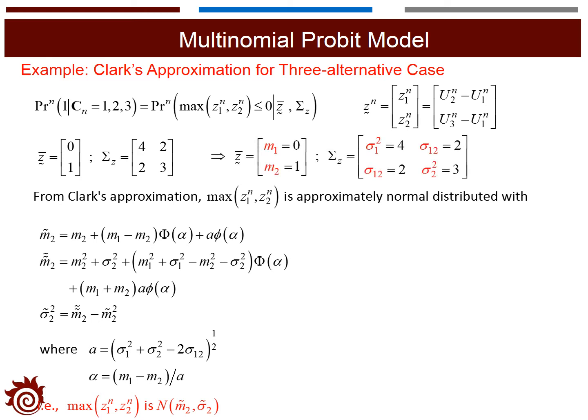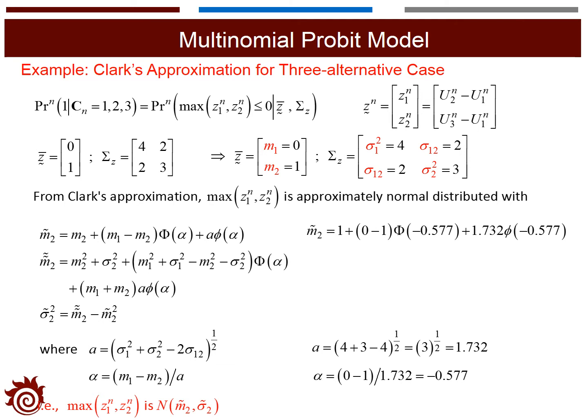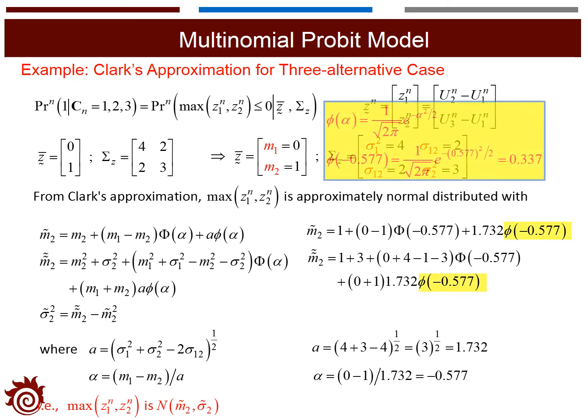From the previously estimated z bar and sigma z, we get m1 is 0, m2 is 1, sigma 1 squared is 4, sigma 2 squared is 3, and sigma 1,2 is 2. With these values, we can get the value of A and alpha. And then we can estimate M2 tilde and M2 double tilde.